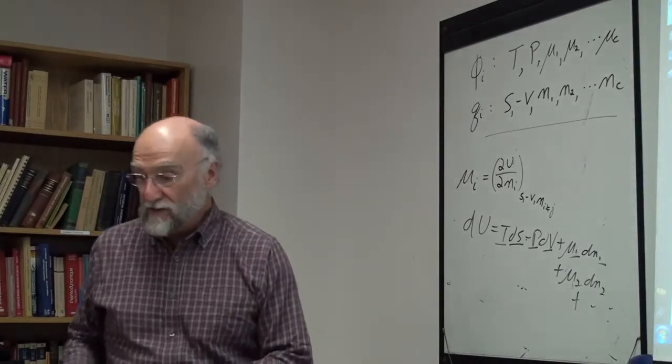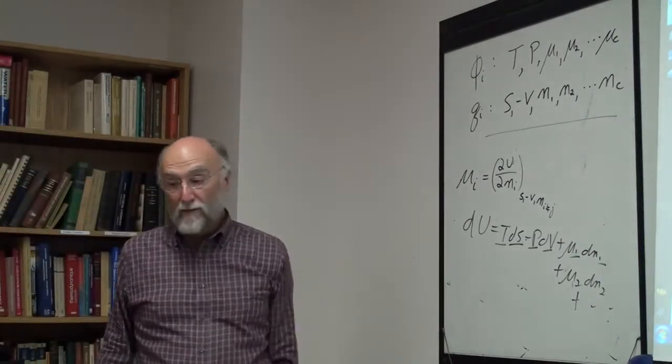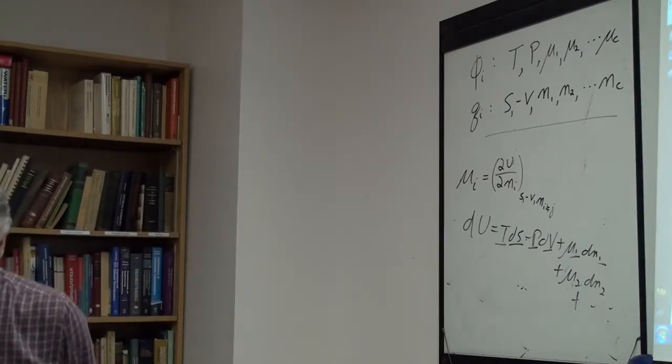So those are your thermodynamic variables and potentials. When a system is at equilibrium, I'm reading on page 68, the potential variables are the same for all phases. So all phases have the same T, the same P, and the same mu1, mu2, mu3, mu4. That's the criterion for equilibrium.